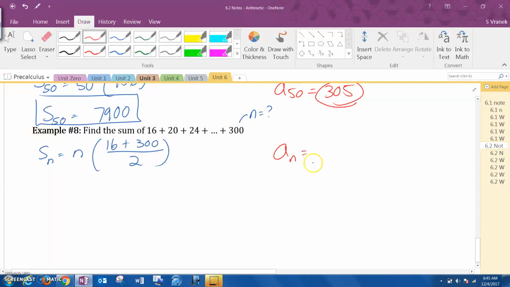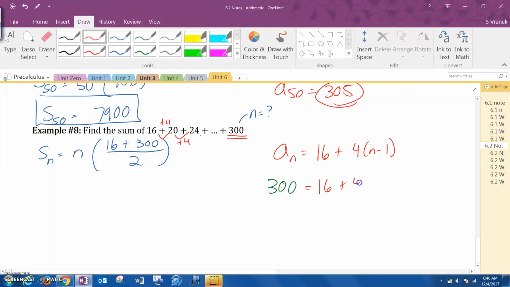We know that a sub n is 16, that's the first term, plus, we know the common difference is plus 4, hopefully you guys see that, 4 times n minus 1. So here's where it's a little different. This time I don't tell you what n is because I don't know it, but I do know that I want to know what n is when this value is 300. So I'm going to write a 300 over here, and I want to know what n is.